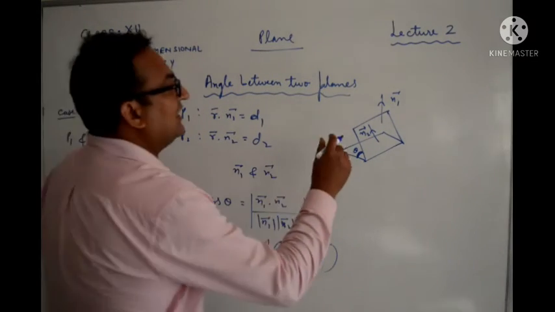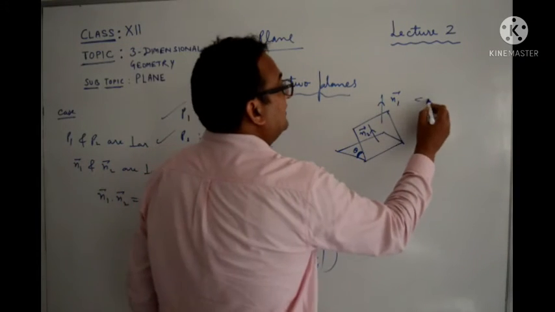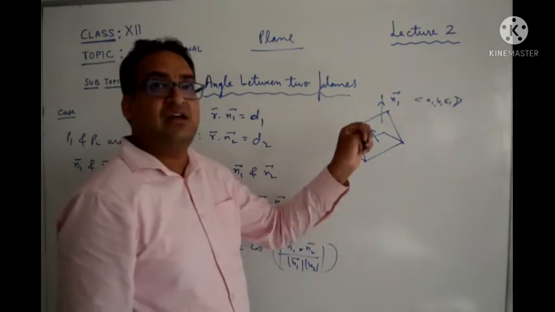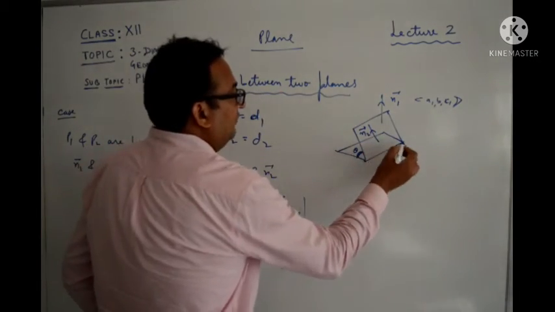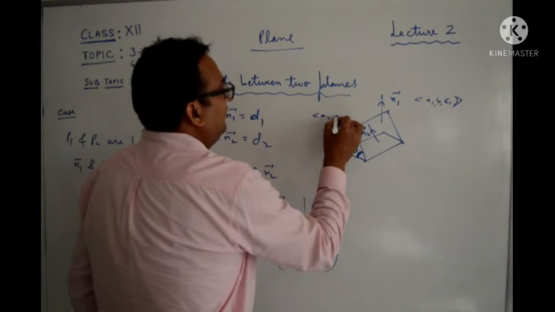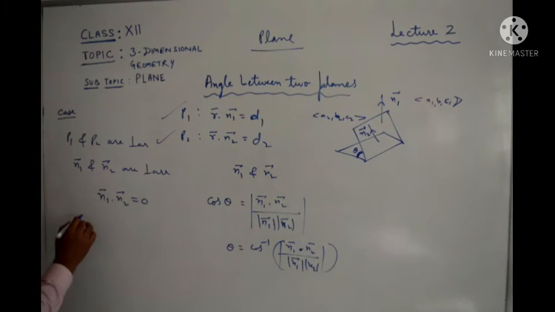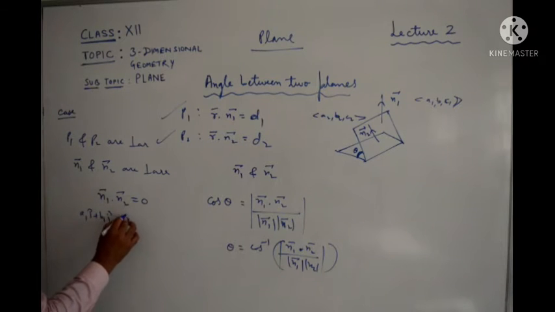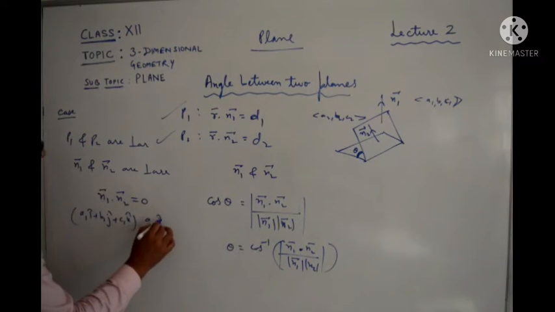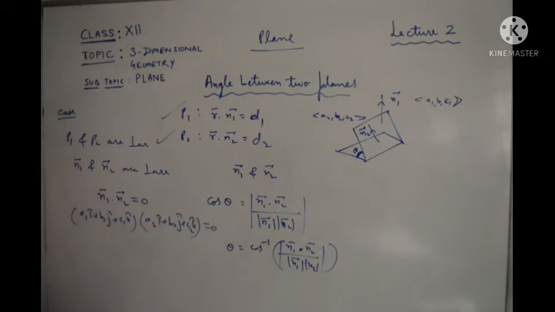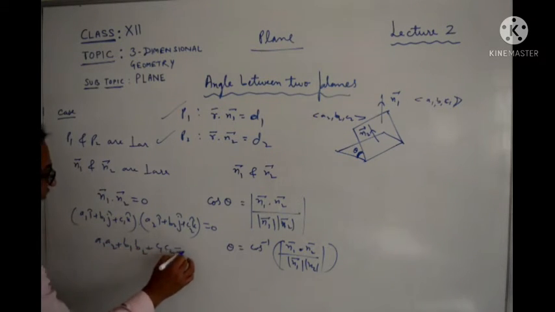So if the direction ratios of the normal to the first plane are, say, a1, b1 and c1, and for the second plane the direction ratios of the normal are, say, a2, b2 and c2, then n1 dot n2 equal to 0 means a1i plus b1j plus c1k dot a2i plus b2j plus c2k is equal to 0, and then we have a1a2 plus b1b2 plus c1c2 equal to 0.